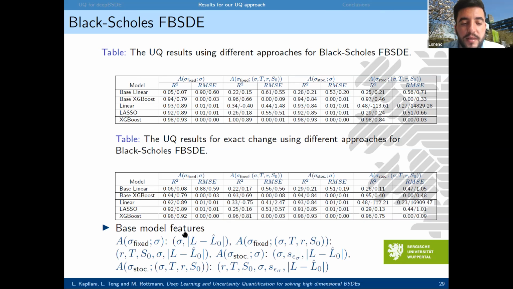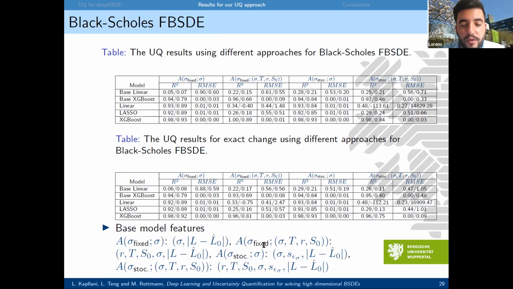In the baseline model, the input that we have from the problem is the sigma that we vary, and also the absolute value of the difference of the loss, where L is the loss at the end of the optimization process, and L0 hat is the loss for the perturbed terminal condition. For the other models, we also add all the other information that we have.